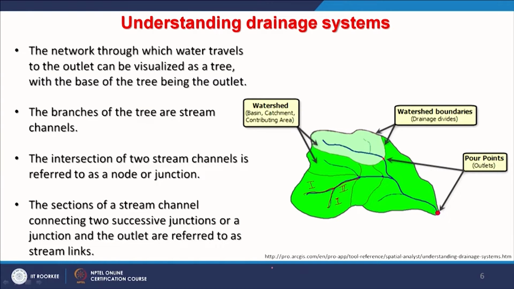And sections of a stream channel connecting two successive junctions, or a junction and the outlet, are referred to as stream links. These stream links are very important while deciding the order of the streams. So through surface hydrologic modeling, that derivation can also come, whether streams are following one of two well known, well established methods, which we will discuss later.